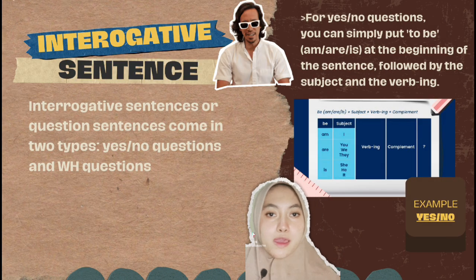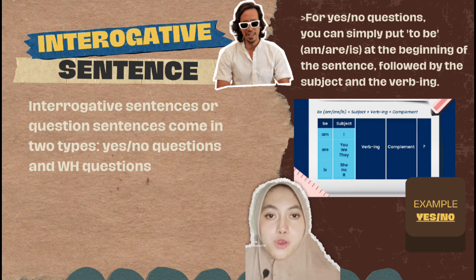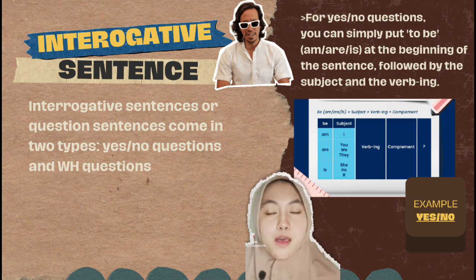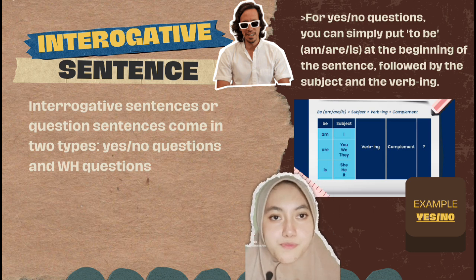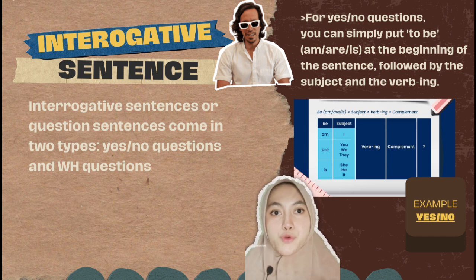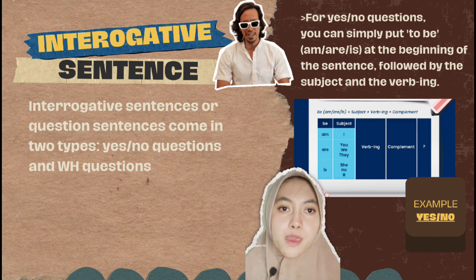Okay, take a look at the interrogative sentence. Interrogative sentence, or question sentence, comes in two types. First is yes or no question, and second is WH question. Let's start with yes or no question.